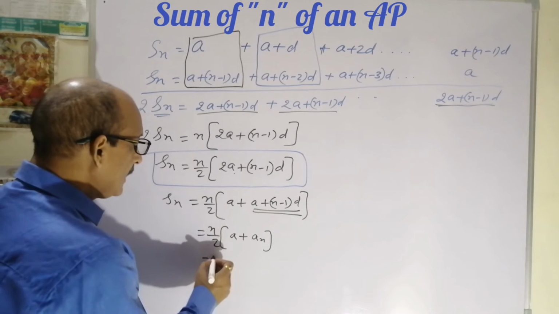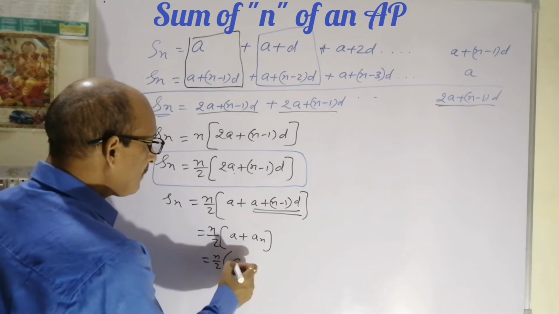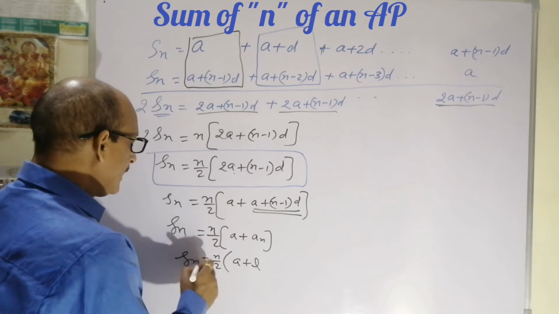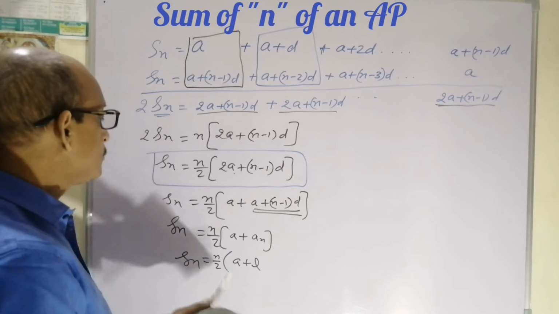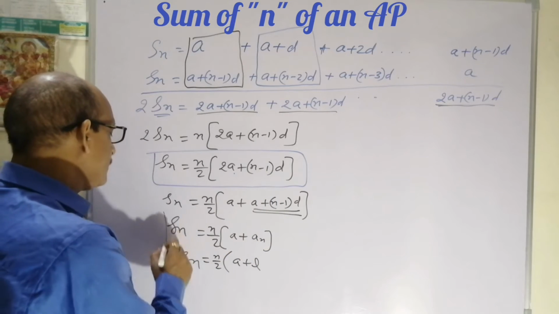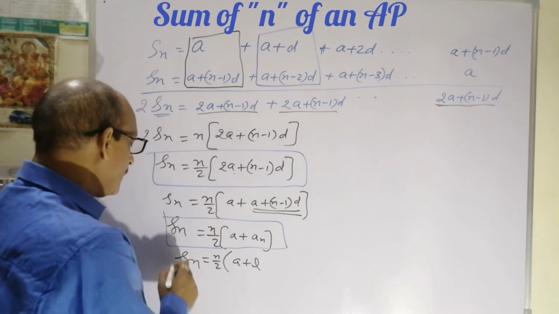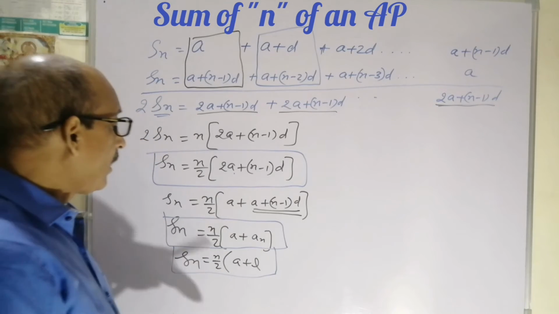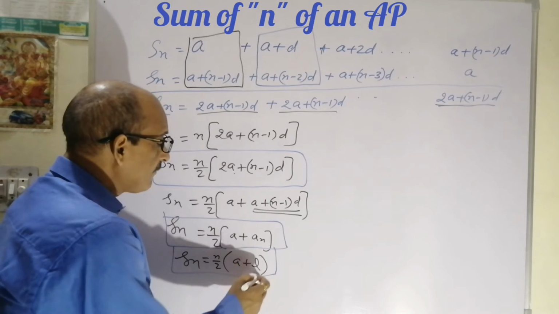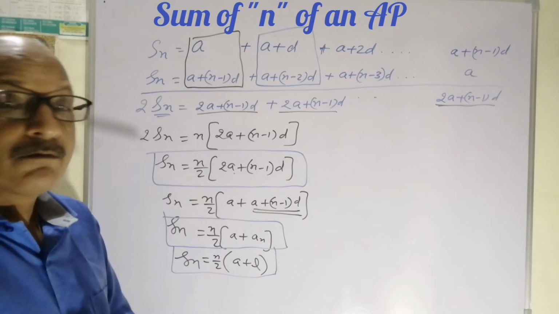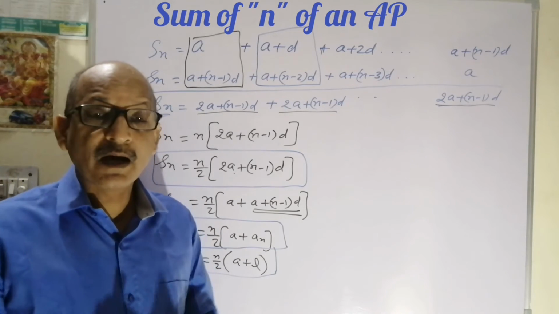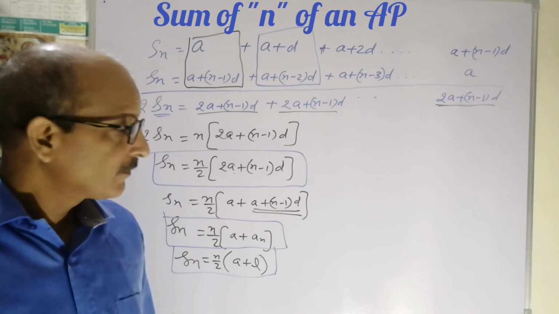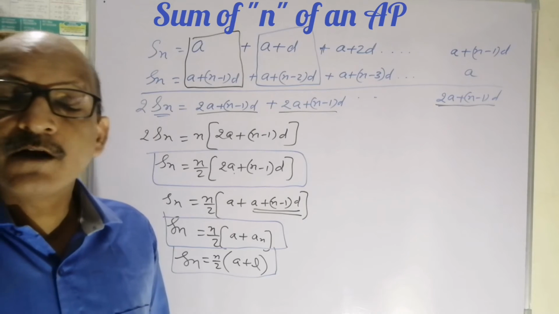So we can have n by 2 into a plus l. So all these are formulas for Sn. Either we use this formula, or this formula, or this formula. All these three formulas are the same, although they have different variables, still all of them are the same. So this is the derivation of the sum of n terms of an AP.